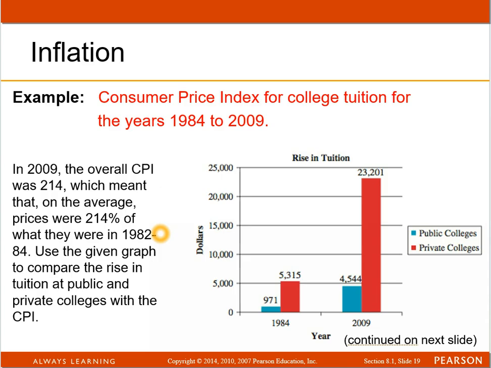Use the given graph to compare the rise at public and private colleges with the consumer price index. Here's the chart. Over here is a box, and it shows you that blue represents public colleges like IUS, and red represents private colleges like, oh, I don't know, Hanover.